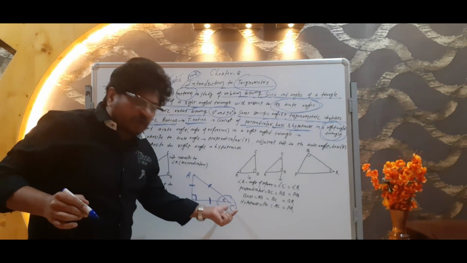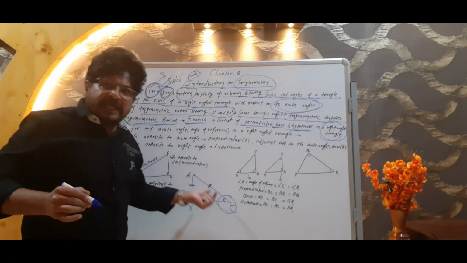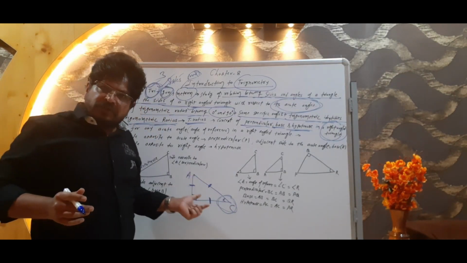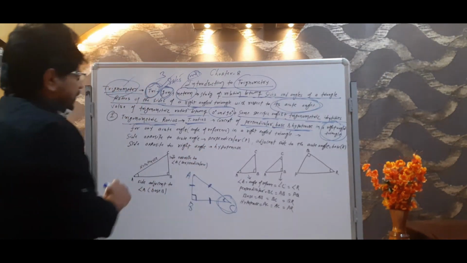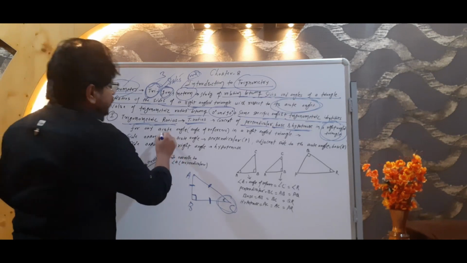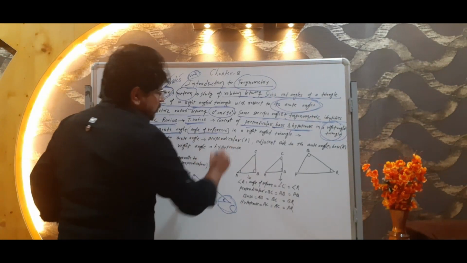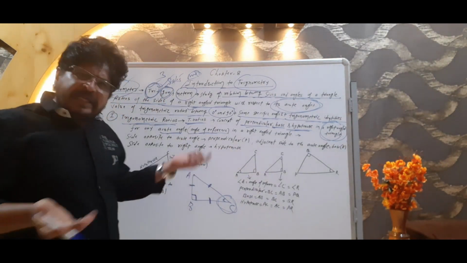If our acute angle changes, then definitely this particular side will also change. This concept only I am going to clear for you. We can call that acute angle the angle of reference also.